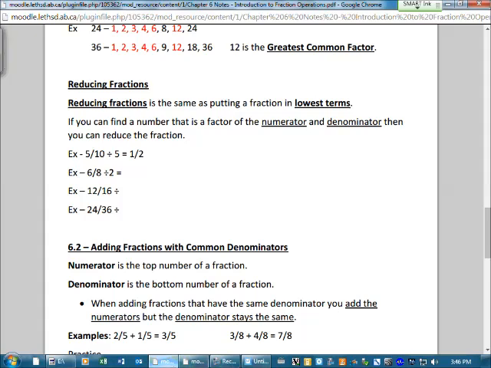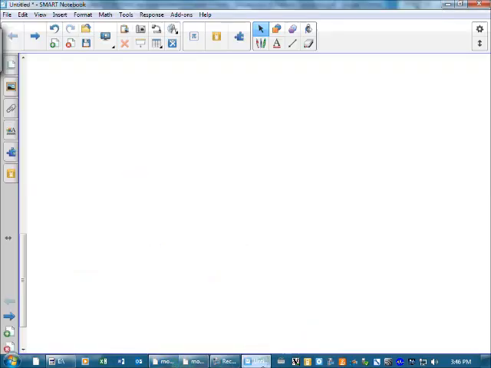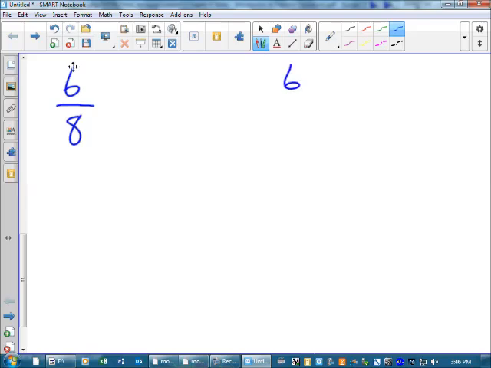Right here, so 6/8 and 12/16. Okay, let's do 6/8. You might think, I don't know what to do here. So then you're going to go, okay, let me identify the factors of both 6 and 8. Factors of 6 are 1, 2, 3, and 6.